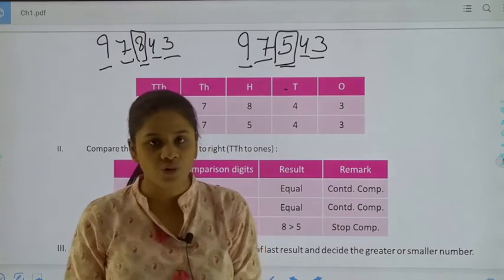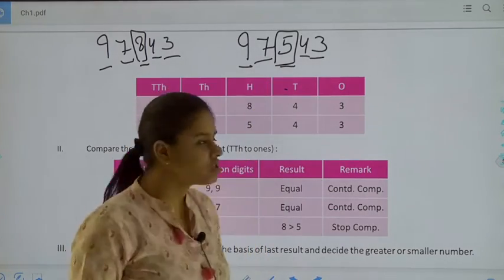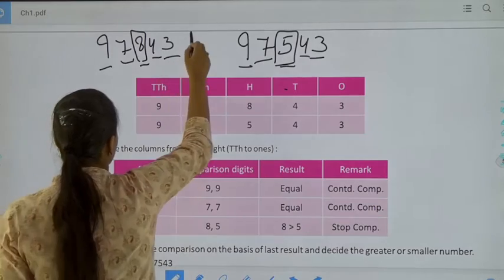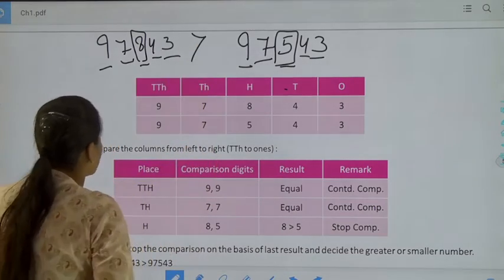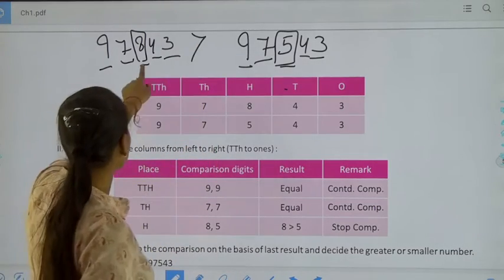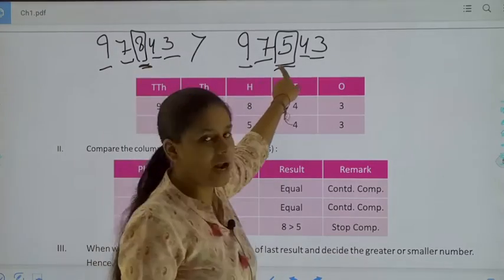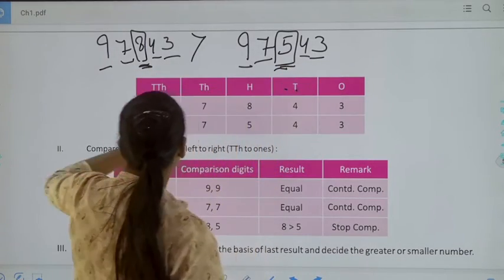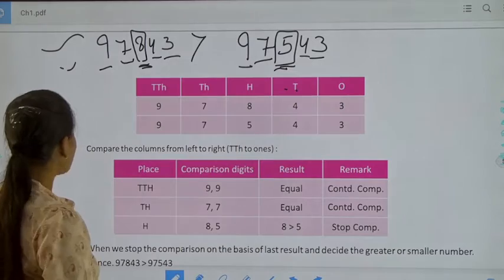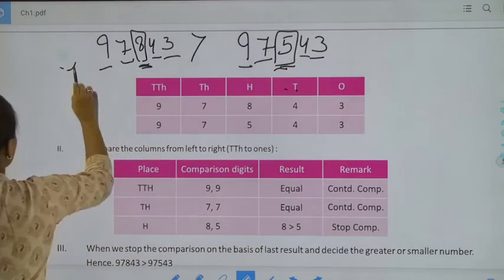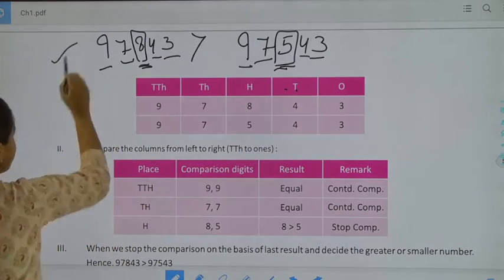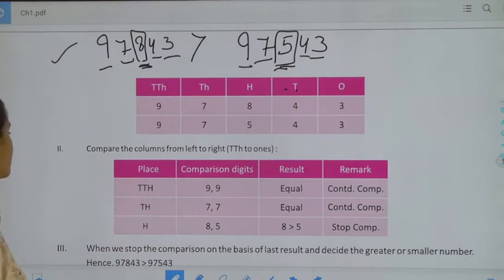Now we have to tell what is the greatest digit. That is 97,843. Why? Because 8 is bigger as compared to 5. So basically which one is the greatest? That is 97,843.